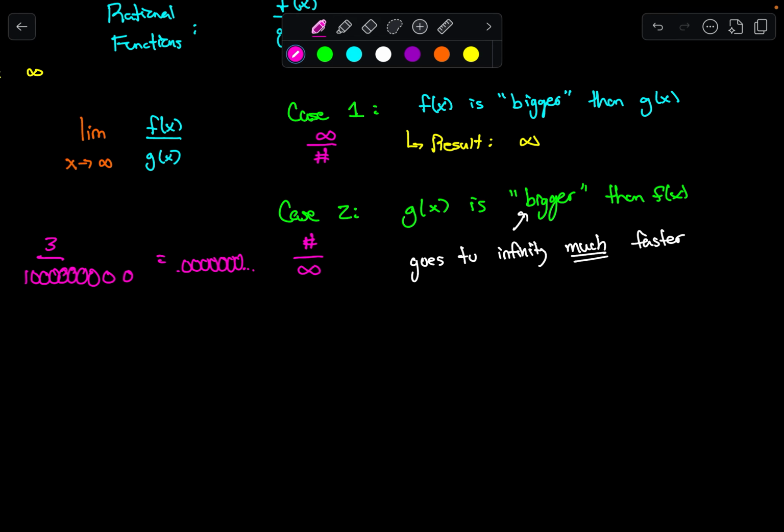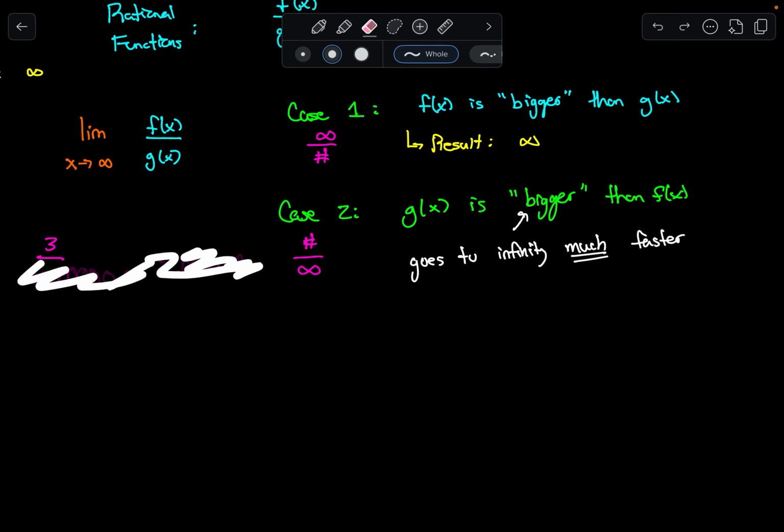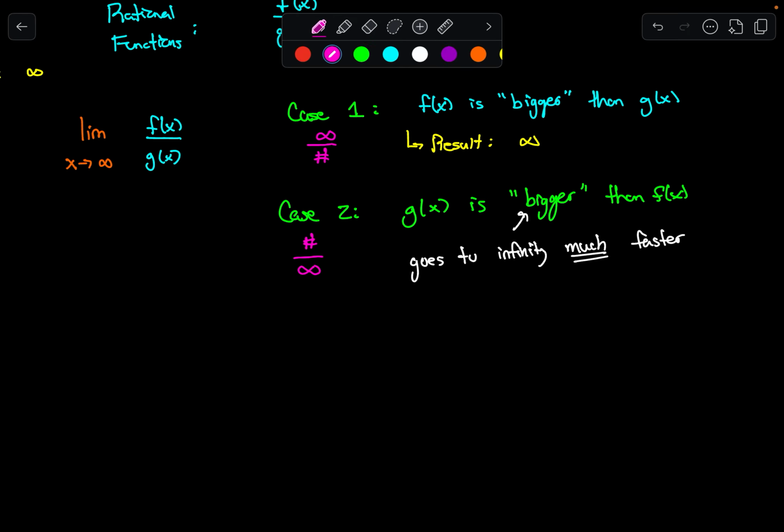The idea is that if I theoretically reach infinity in the denominator, then this fraction, no matter what's on top, is just going to equal 0. So the result of the denominator growing way faster than the top is we're going to get 0 for our limit, which means that our function goes like this and levels out at 0 in the long run.